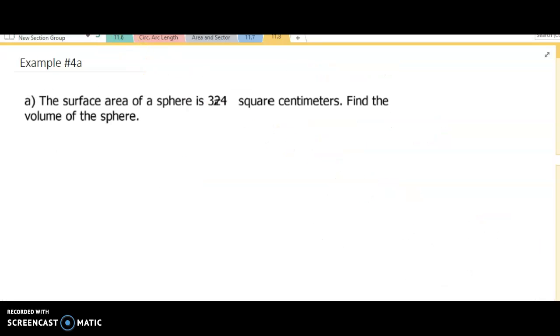All right, let's look at example 4a here. It says the surface area of a sphere is 324. Okay, so 324 has to equal 4 pi r squared. We want to find the volume. So when I say find the volume, that means that I need to first find my radius. Okay, so I can use the surface area to find my radius.